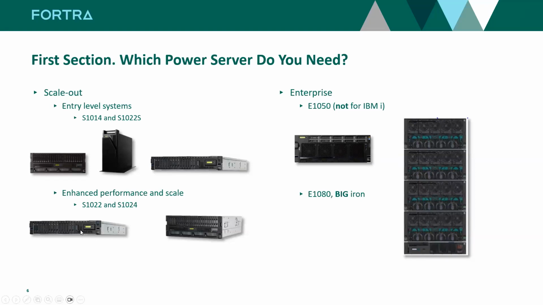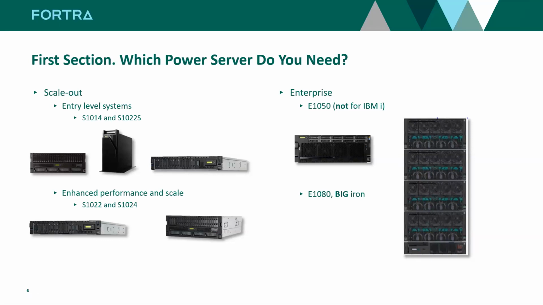The S1022 is 2-way, up to 40 cores. You can have 12, 16, or 20 cores per socket. It can go up to 4 terabytes of memory, and here you need PowerVM. The benefit that you see here is that you can have more cores per U. Why? Because the S1024, this other one, is also 2-way.